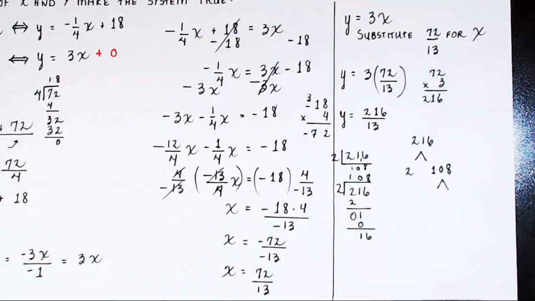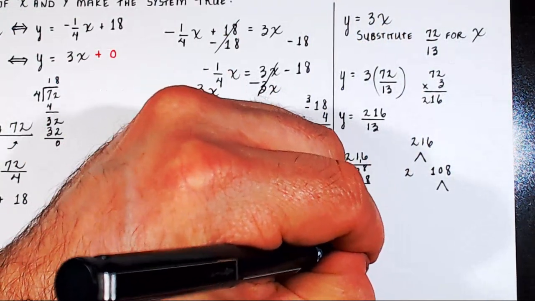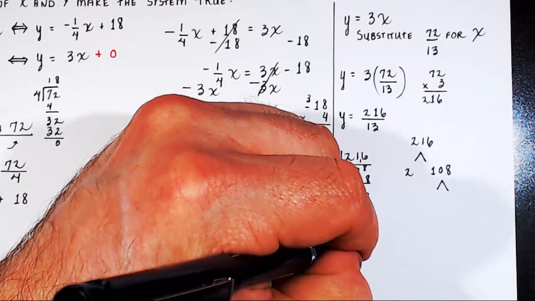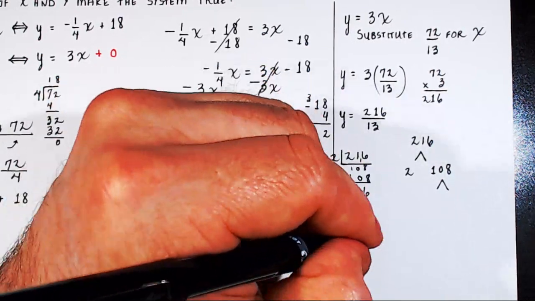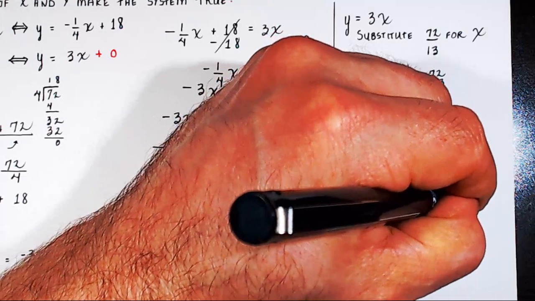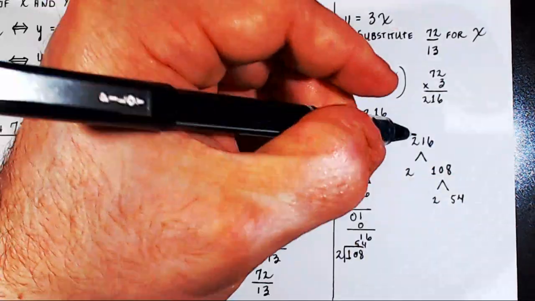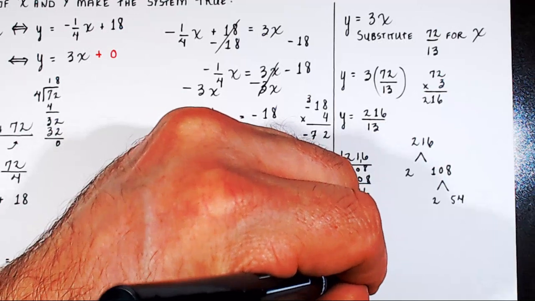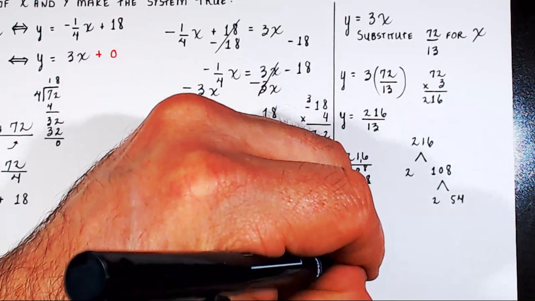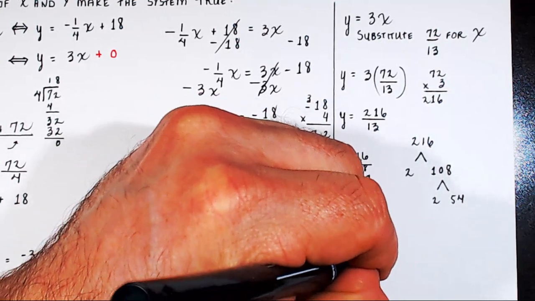So I can still divide 108 by 2. 2 goes into 10 5 times, and 2 goes into 8 4 times. So I now have 2 times 54. Remember, 13 is a prime number, so what I'm looking for is another 13. Well, 54 divided by 2: 2 goes into 5 twice, that's 4. 14, 2 goes into 14 7 times.